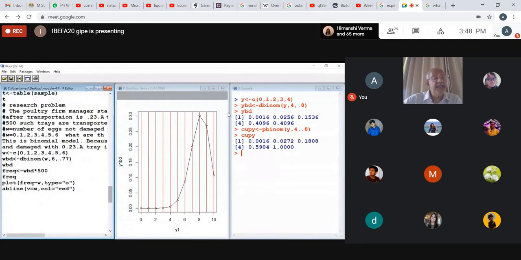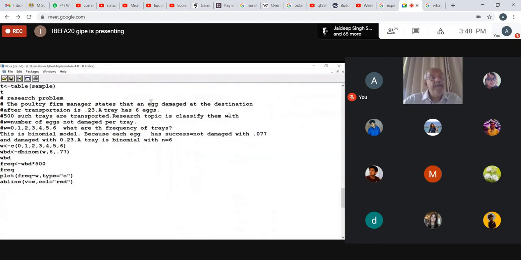This is my research problem. A poultry farm manager states that the egg damage in the distribution is 0.32.